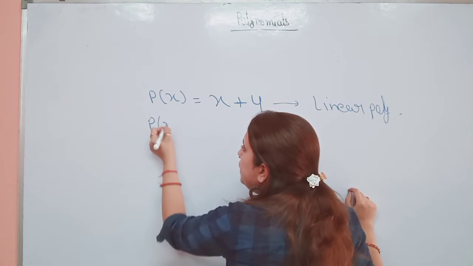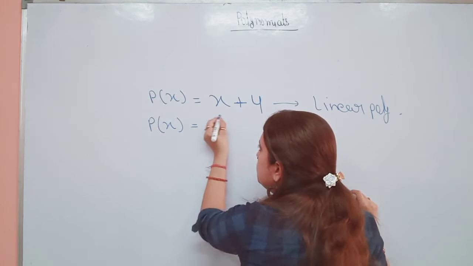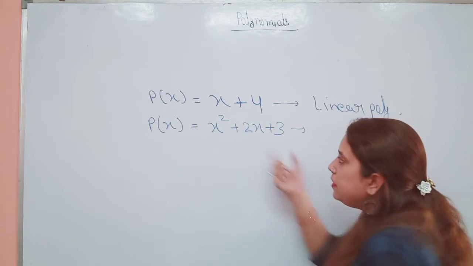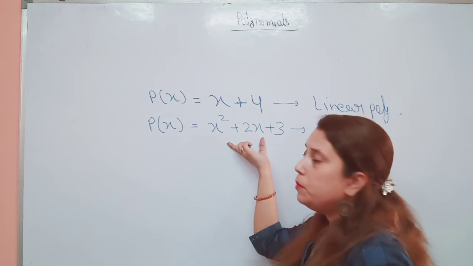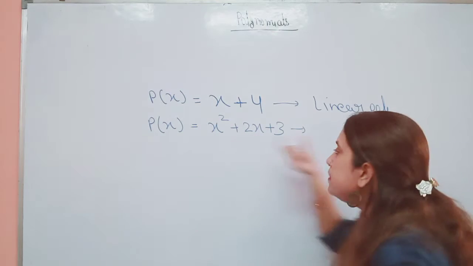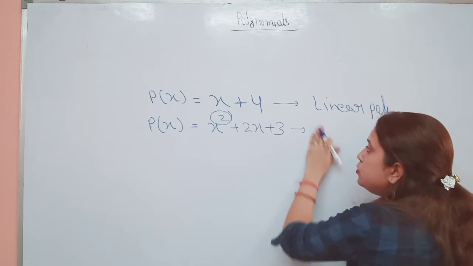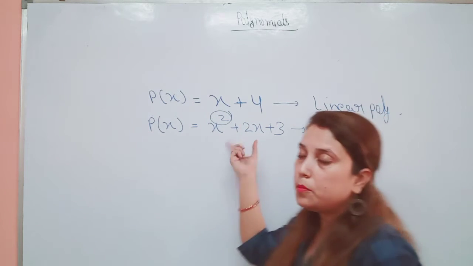And if the degree of the polynomial is 2, here what is the degree of the polynomial? Here the degree of the polynomial is 2. If the highest degree is 2, it means the degree of this polynomial is 2.